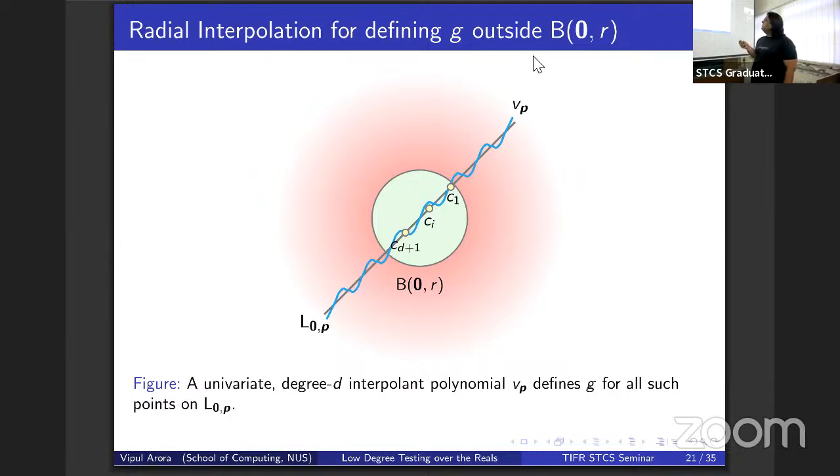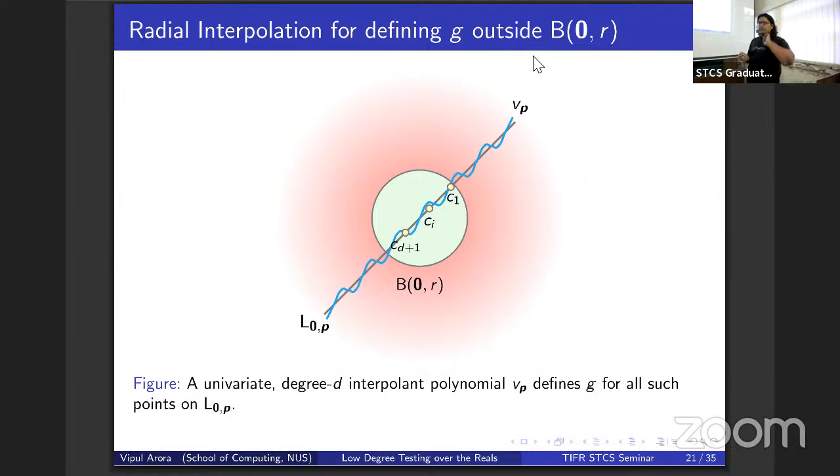Since you are over reals, you have sufficiently many points in this intersection region. You take D plus 1 many unique points and you interpolate a degree D univariate polynomial on this line. And then for point P on this line, you extrapolate the degree D polynomial you just learned. So therefore, you get the value of G(P) defined appropriately.